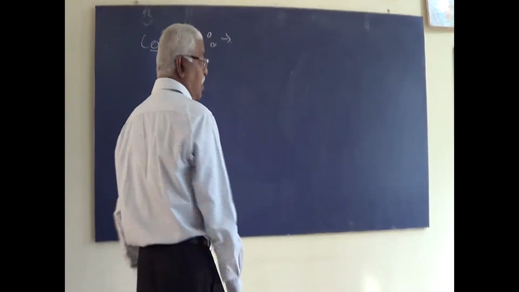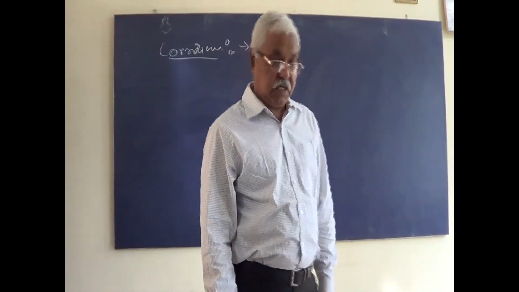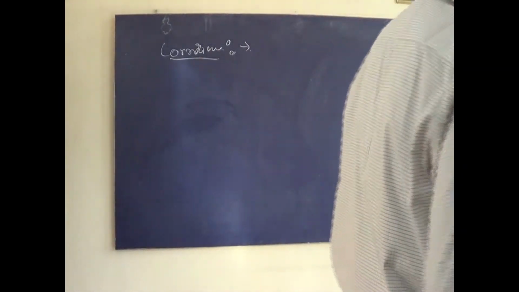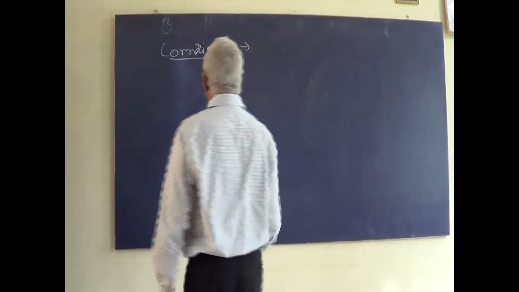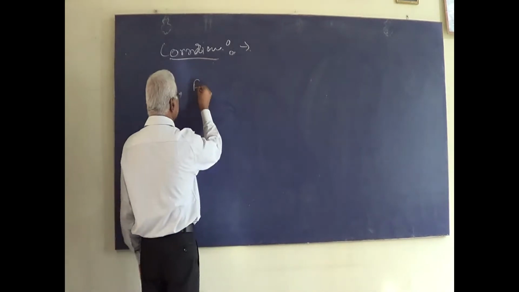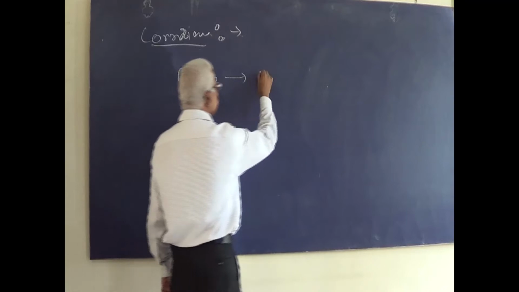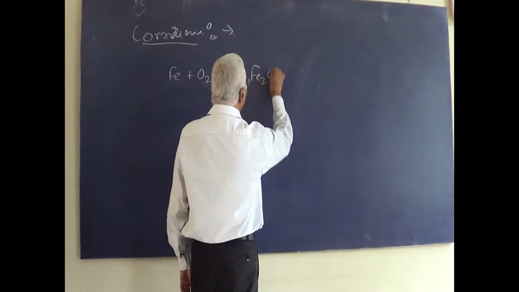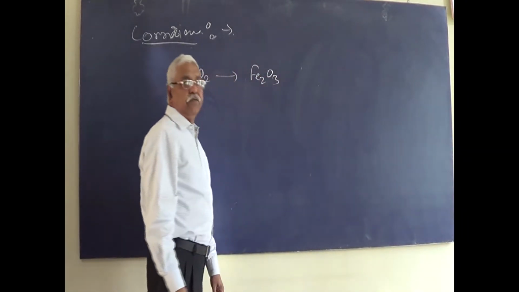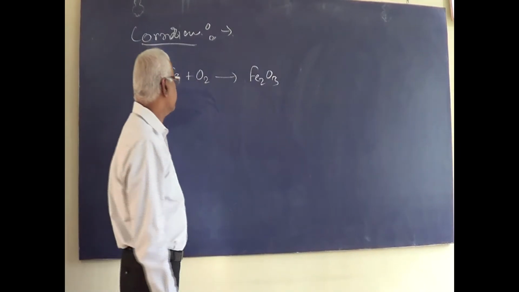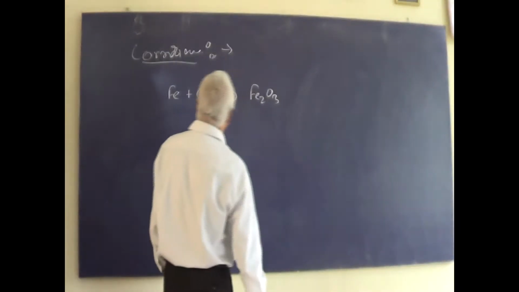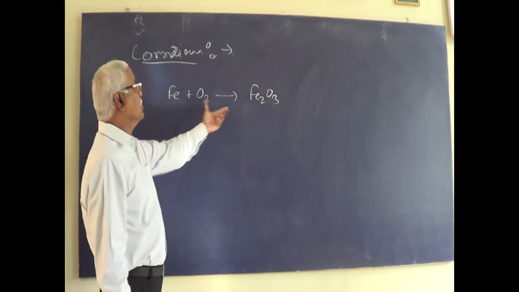Now, what actually happens? Let me write the chemical reactions. Iron upon reaction with oxygen gives Fe2O3, ferric oxide. You are getting iron oxide upon oxidation.